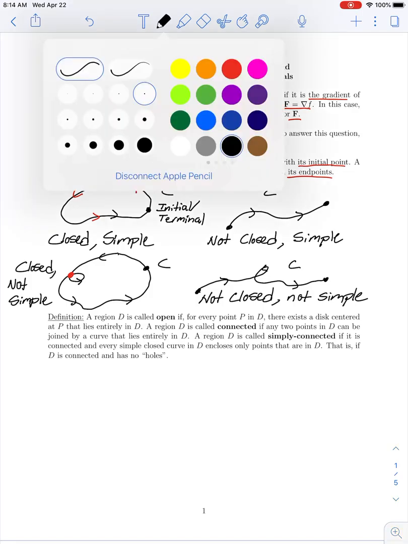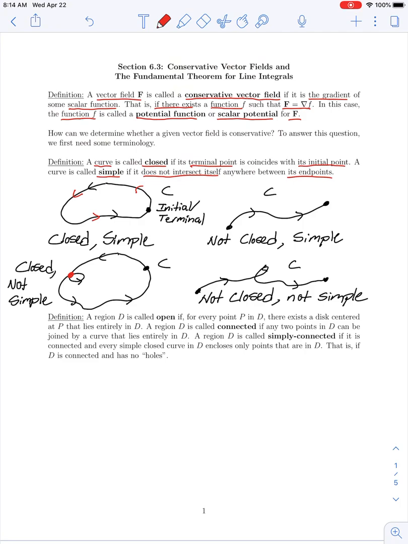A little more terminology which we'll need here is the following. We would say that a region D in the plane is said to be open if for any point P which lies in that plane region, there exists some disk centered at the point P, which lies entirely in our region D. So to illustrate the idea of an open region in the plane, let's suppose that we had some plane region that looks like this.